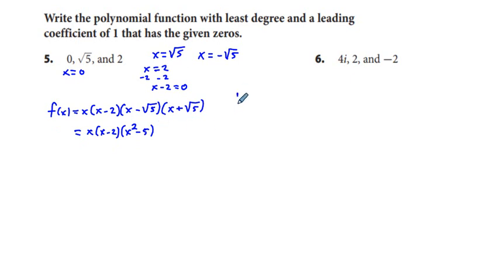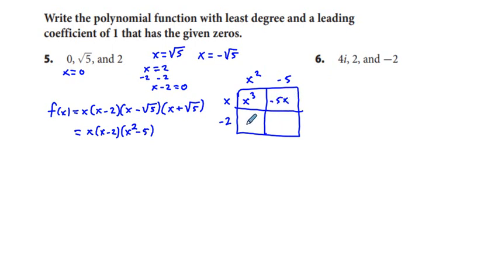We can take a box method and multiply x squared minus 5 by x minus 2. We get x cubed, minus 5x, minus 2x squared, and finally plus 10.